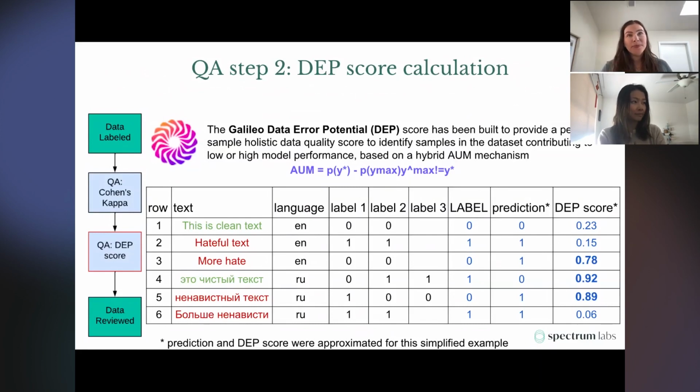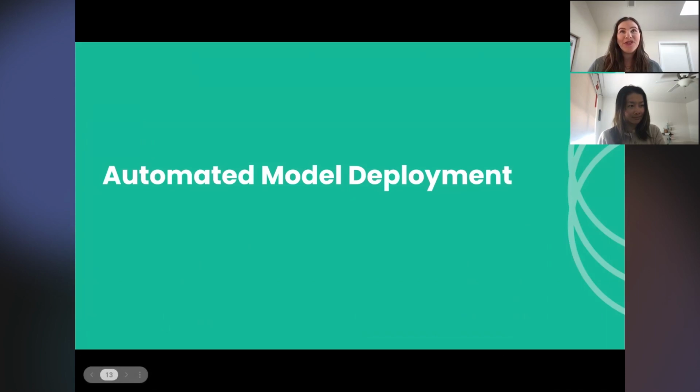Even though this is a little bit more precise in identifying rows, it's also subjective, so it could miss examples because it's based on model output. So we like to combine the more objective Cohen's kappa along with this more precise but potentially more faulty method. And then after these two approaches, the data can be reviewed in a more streamlined fashion.